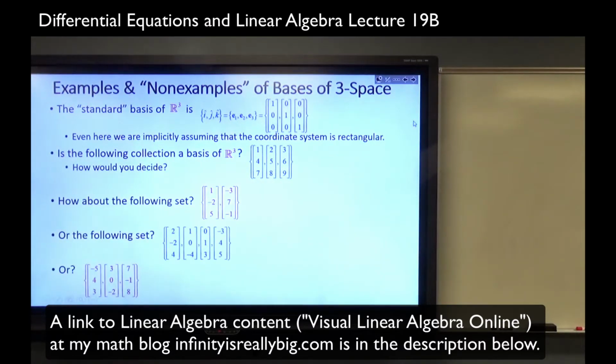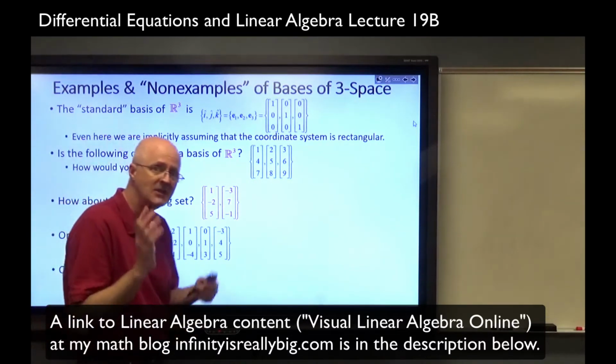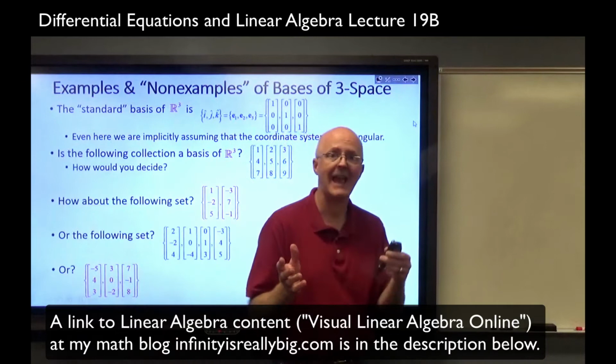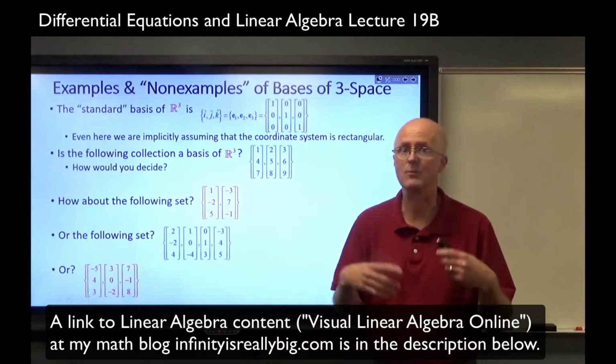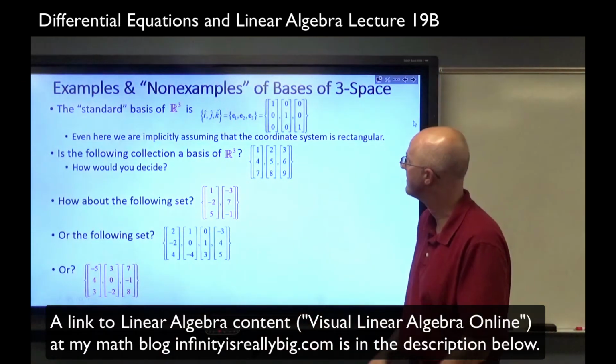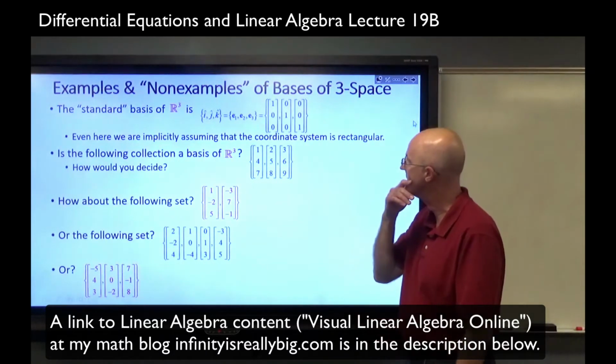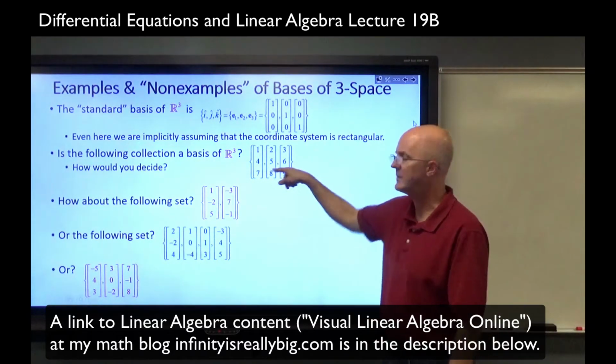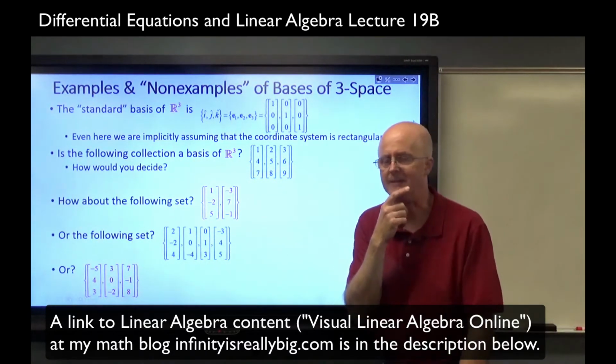Except for the first example, we're wondering whether these four examples are bases of three-dimensional space or not. Let me give you the intuition first, and then we'll check with Mathematica's row operation capability. You can use your calculator as well. That's a collection of three vectors in three-dimensional space.